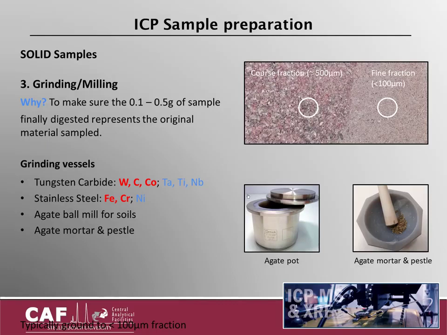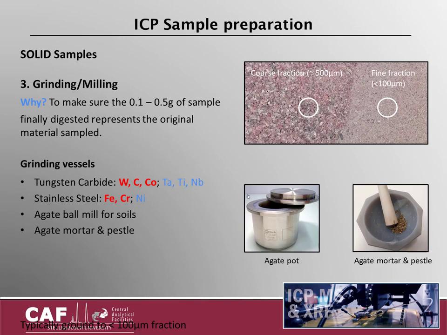So when you use tungsten carbide mill pots, they will contribute large amounts of tungsten, carbon and cobalt, as well as trace amounts of tantalum, titanium and niobium. This is mostly only used for geological sample material.